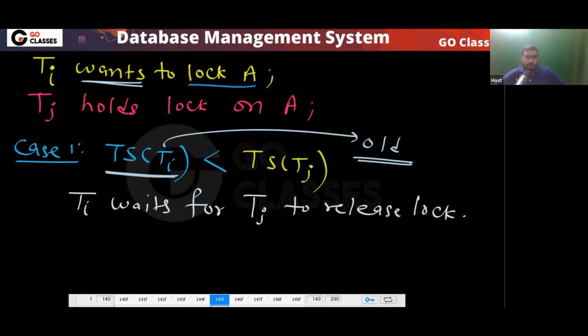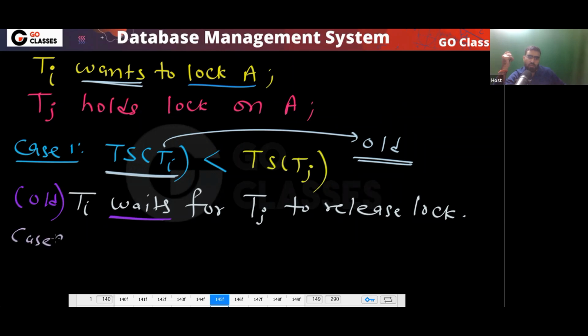Because Ti wants to lock A and Ti is the old transaction, while Tj is holding the lock, an old transaction wanting to lock A can wait for Tj to release the lock.